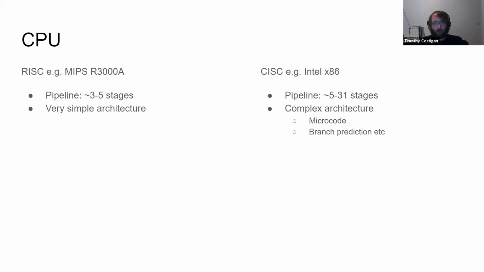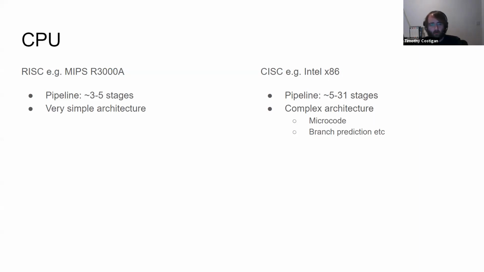I'm sure a lot of people here know this, but you generally have two different kinds of CPU. You have RISC, which is reduced instruction set computers, which the PlayStation's MIPS processor is, or you have CISC, complex instruction set computers, which Intel is.